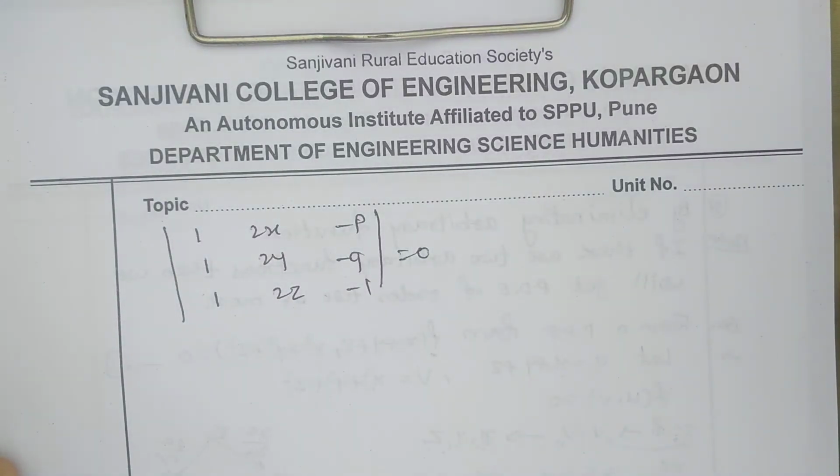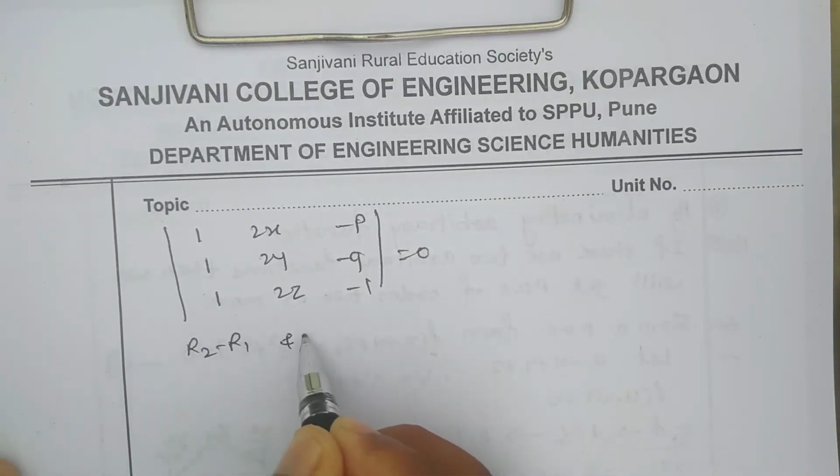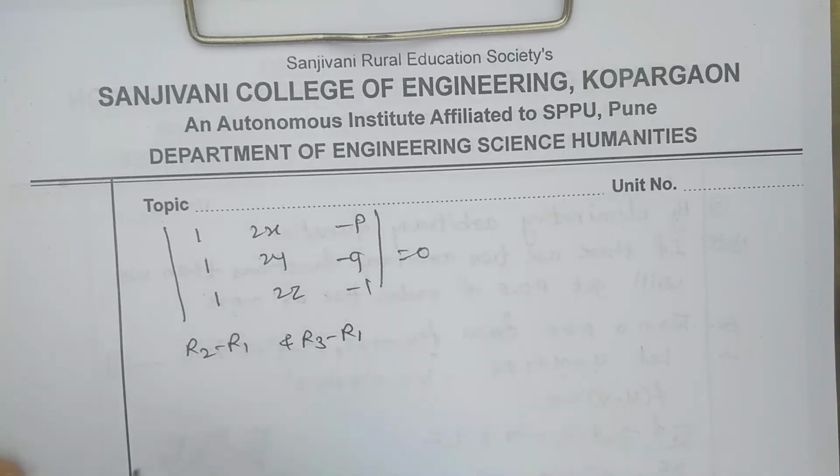Now before solving the determinant, I am going to use some operations. What is my operation? R2 minus R1 and R3 minus R1. See what happens. You will get R2 minus R1, first row as it is.